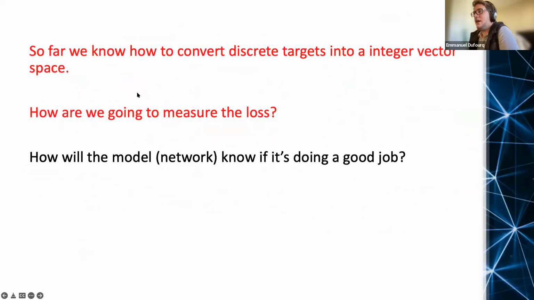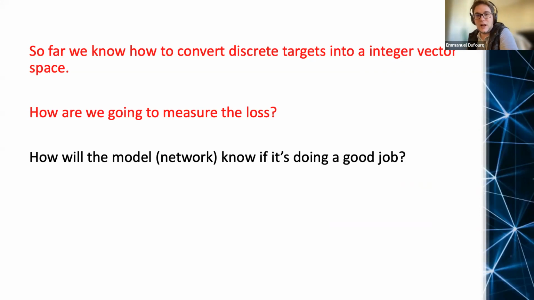Okay, so so far what we know is we know how to convert the discrete targets into these vectors. But we still don't know how we're going to measure the error or the loss. So we still don't know how the neural network will know if it's doing a good job or a bad job. And this is what we're going to move on to next.